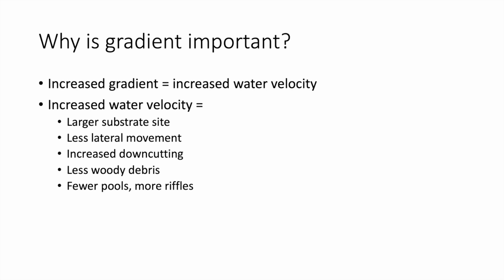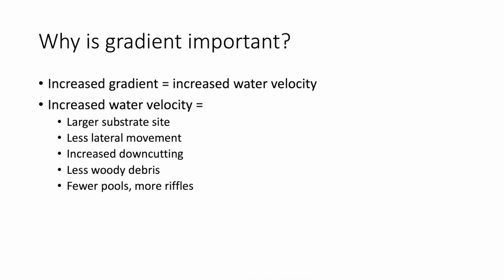Other things that you can infer from water velocity and gradient are woody debris, for example. If you have high water velocity, it's going to sweep a lot of that woody debris out of your system. And also fewer pools and more riffles. That's a product of a lot of different things. One is woody debris. Woody debris is a major factor in forming pools. If you don't have a lot of woody debris, you're not going to get as much scouring.